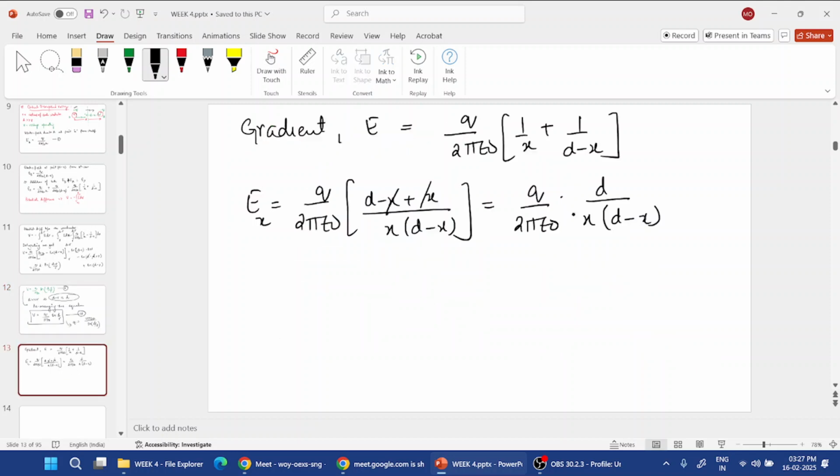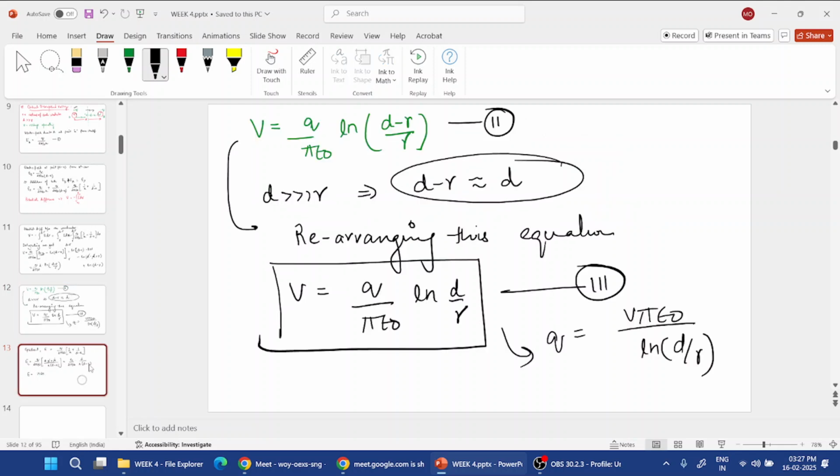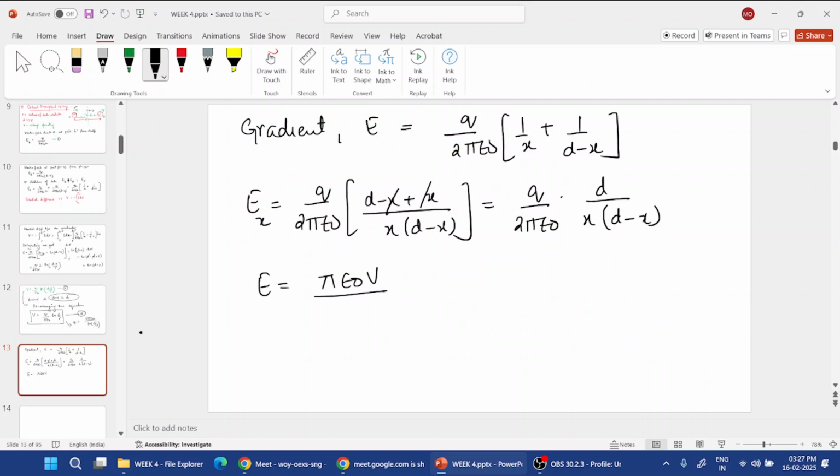So put this value in here, we get E = πε₀V/log(d/r) into 1/(2πε₀) into d/(x(d−x)). If we cancel out some things over here, it will be like this.